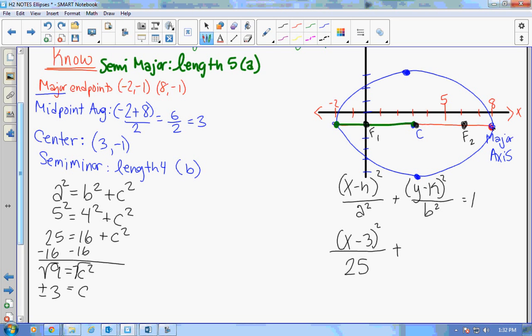That's very detailed. Now we do the y's, vertically. 5 is the length of the semi-major. Okay, so for the y, vertically, how many has it been shifted up or down from the origin?